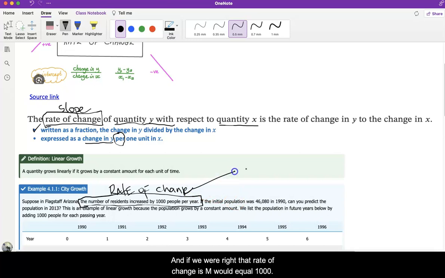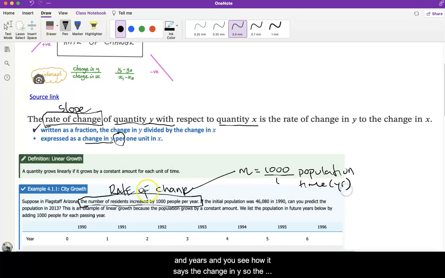If we would write that rate of change, m would equal 1,000 over 1, where this represented the population, and this represented the time, in years. You see how it says the change in y. So the change is 1,000 per one unit, which is 1 year, per year.